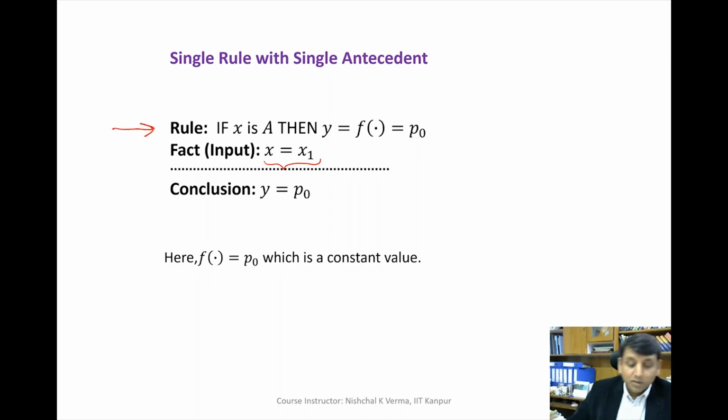We have only one rule, and the rule has a single premise, a single antecedent: x is A. Then we have the consequent part, f of x comma y, which is P0 here, a constant value, meaning it does not depend upon the input generic variables.